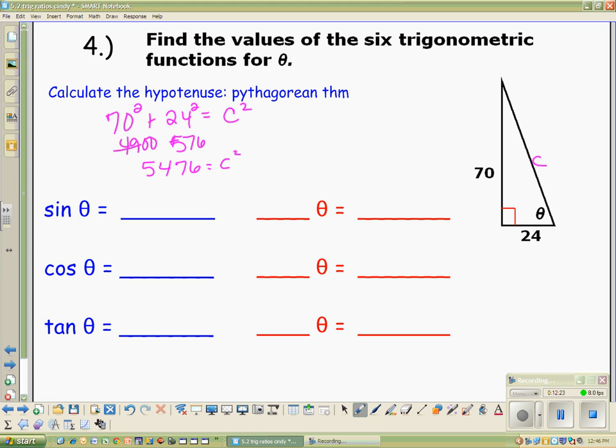Add them together and I got 5,476 equals C squared. So C will be the square root of 5476, and that turns out to be a nice number of 74.